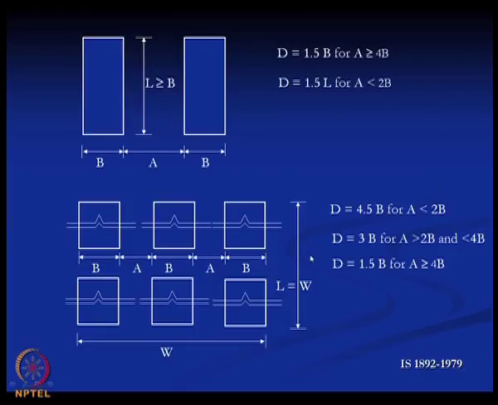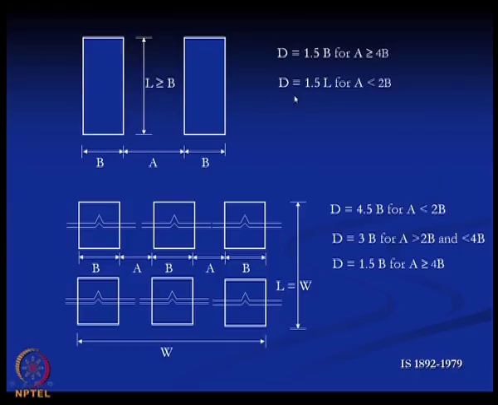Then we have some other conditions also; the IS code recommends some other conditions for the depth of boring. If there are two building structures, one with width B and another with width B, and there is a gap A. Now, if L is greater than or equal to B, then the depth of boring will be 1.5 times B for A greater than or equal to 4B.